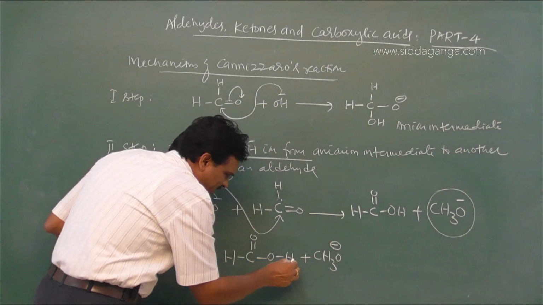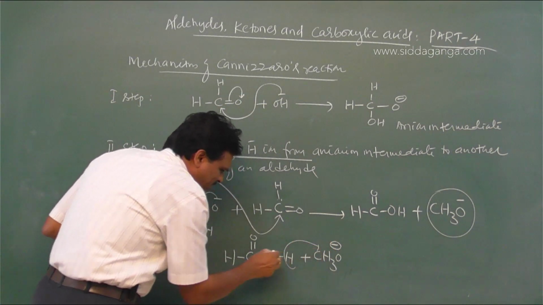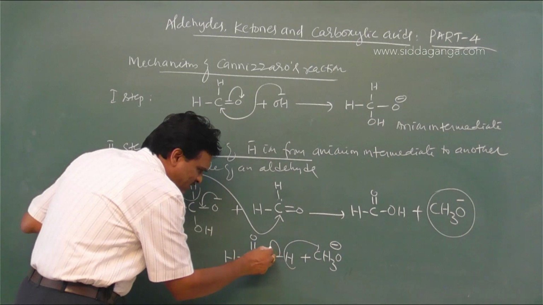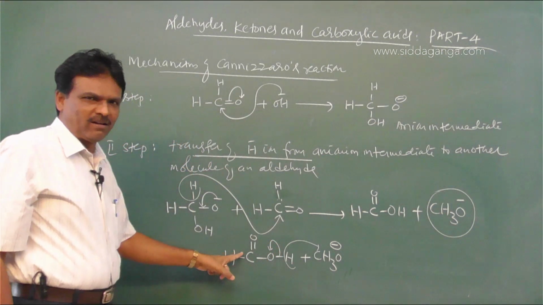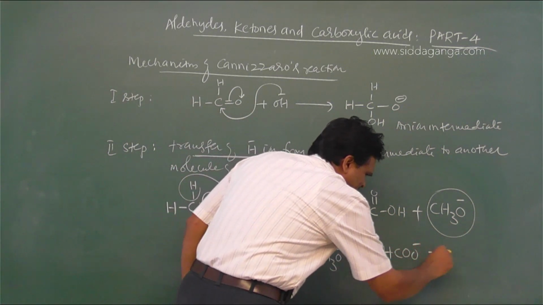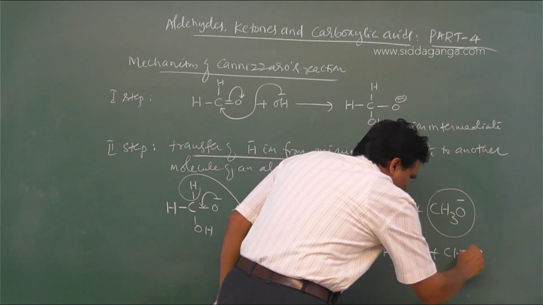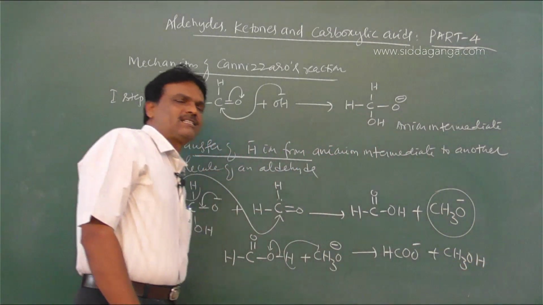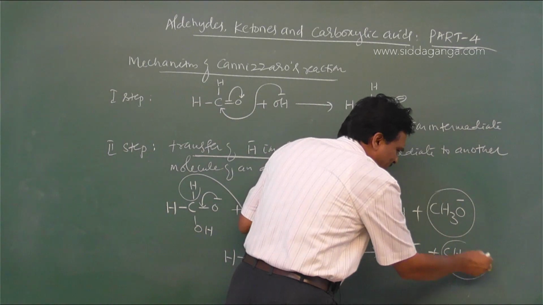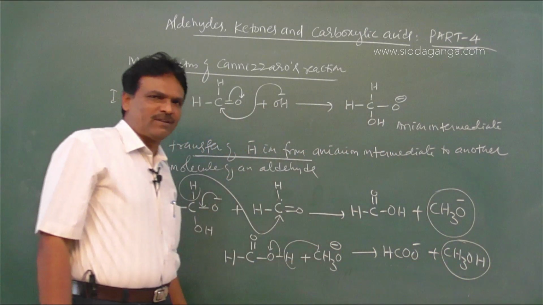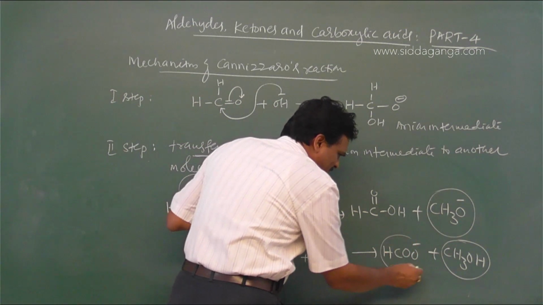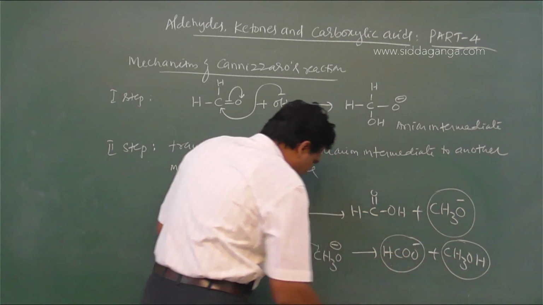This methoxide ion can accept a proton from a carboxylic acid like formic acid. This leads to the formation of formate ion, HCOO minus, and methyl alcohol. You see that in the Cannizzaro reaction, one of the products is alcohol, obtained by the reduction of an aldehyde, and the other product is the salt of a carboxylic acid. This is the formate ion.